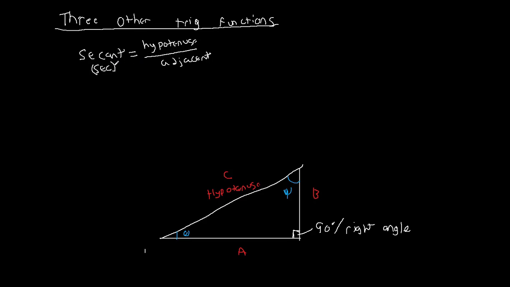Secant is the hypotenuse over the adjacent. And so what I want to do really quickly is just remind ourselves of Sohcahtoa, because this is going to be helpful in a second.